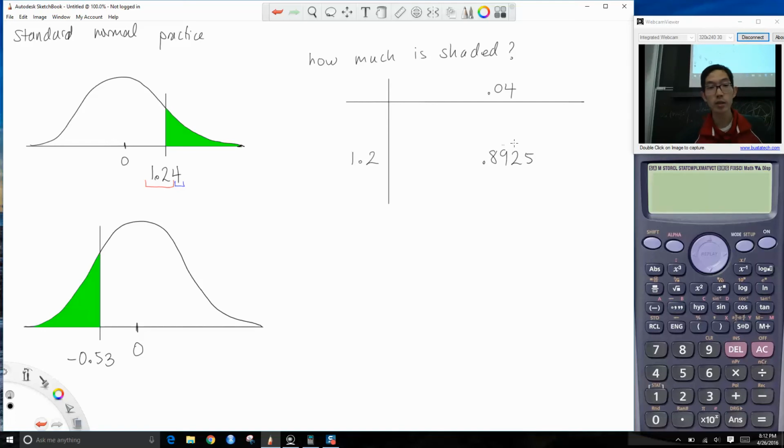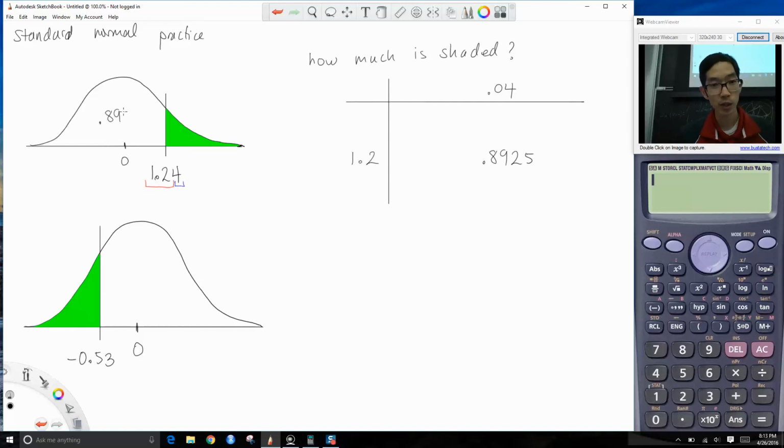Is that my answer? No, it's not. Because if we look at our picture, the entire area is 1, right? The entire area is 1. Is this more than half of the entire area? No, the shaded area is certainly not more than half. And so when you look something up in the table, it always gives you the area to the left, okay?